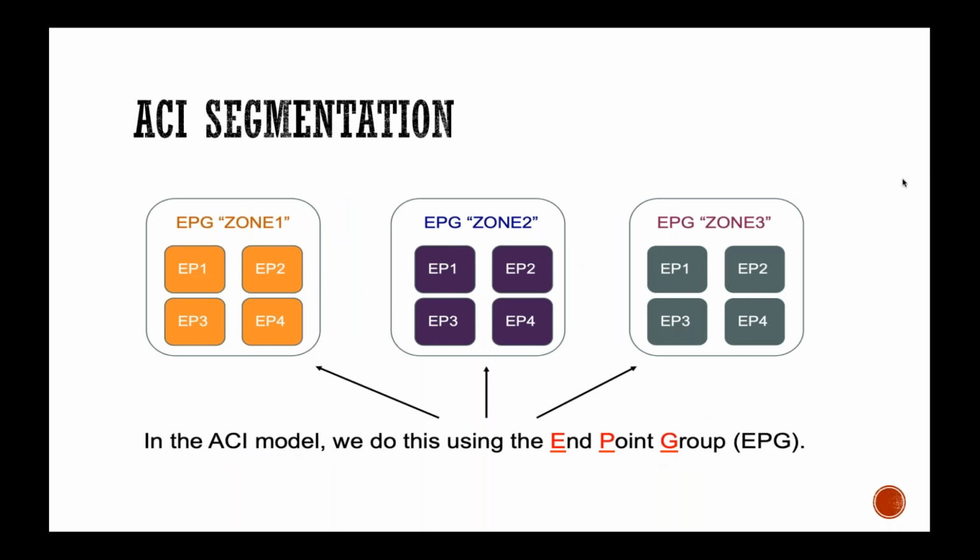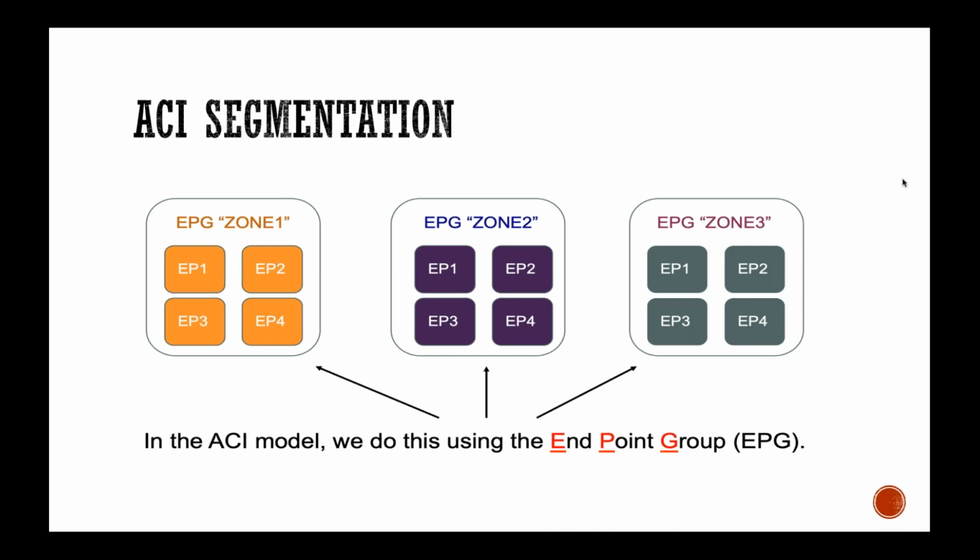How the ACI segmentation looks like: you can see I have three EPGs, EPG1, EPG2, EPG3. EPG, as I mentioned, is endpoint group. So I have EP1, EP2, EP3, EP4 in all three EPGs. Now, on what basis did I do this segmentation? Is it again the IP address? No. They can be in different subnets, or in the same segment, same network.